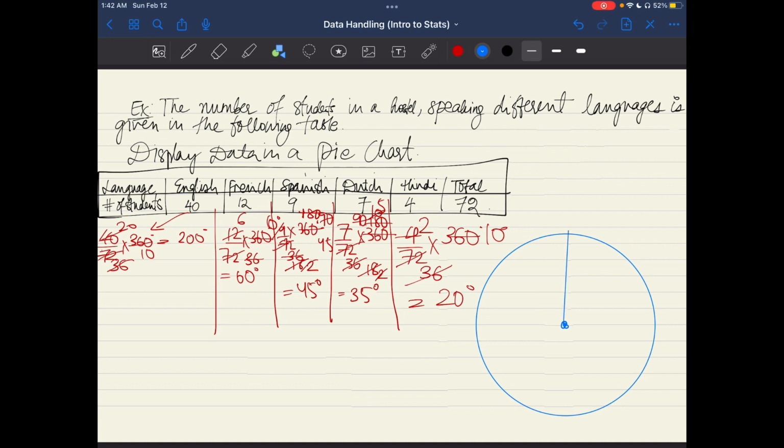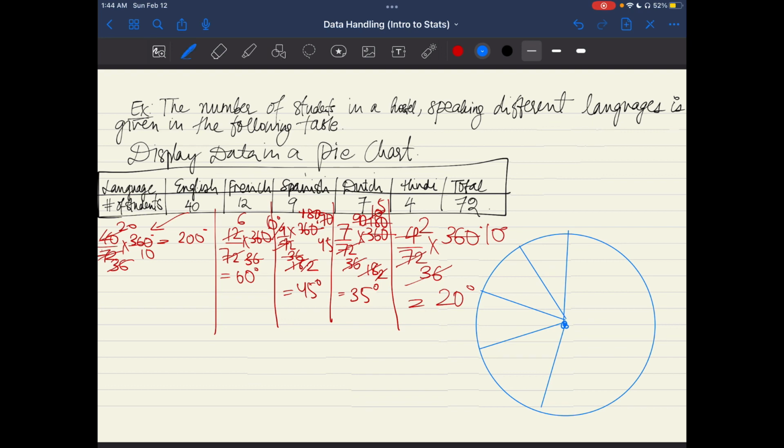So it's going to be something like this. Then for French, it's 60 degrees, which means it looks something like this. For Spanish, it's 45, which looks something like this. Now for Dutch, it's 35, which will look something like this. And then the remaining is 20 degrees for Hindi.